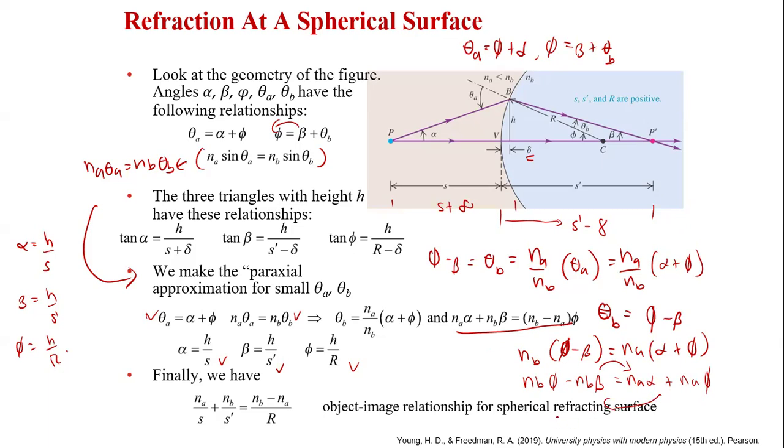So we have phi times NB minus NA. This is equal to NA alpha plus NB beta. Okay, so this is basically it. That one. So what's next?